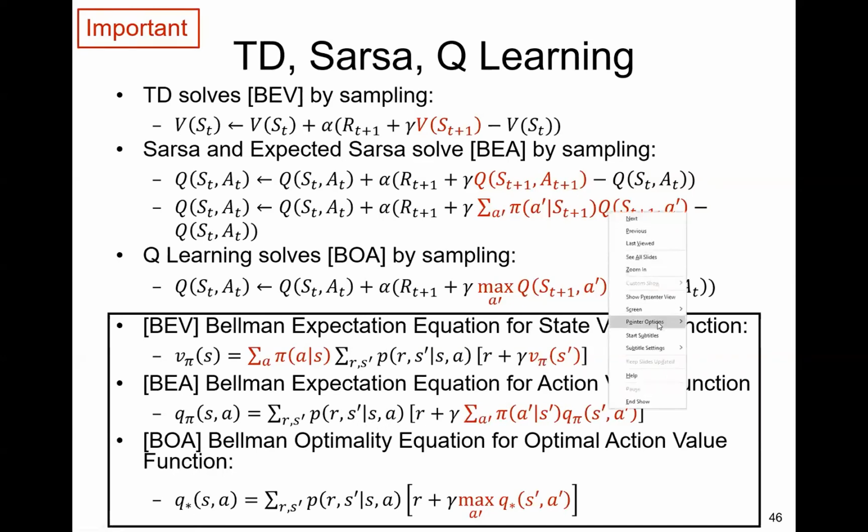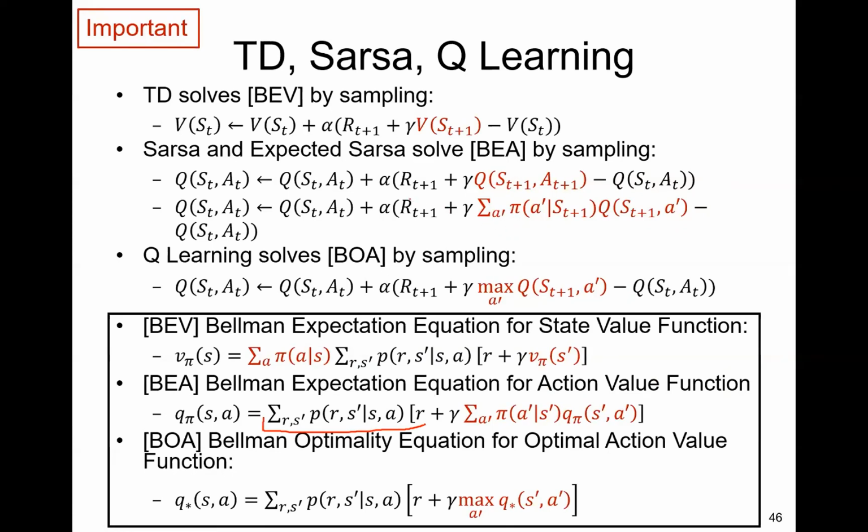The reason it's by sampling is that you have this summation here, which is really an expectation over all next states. But you don't have this P function for the model-free case.